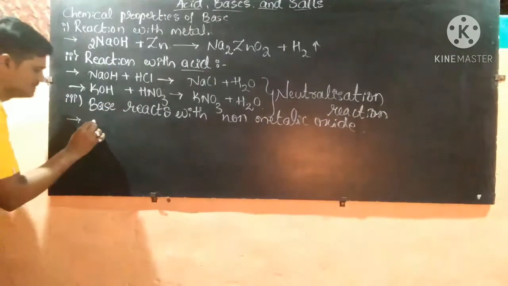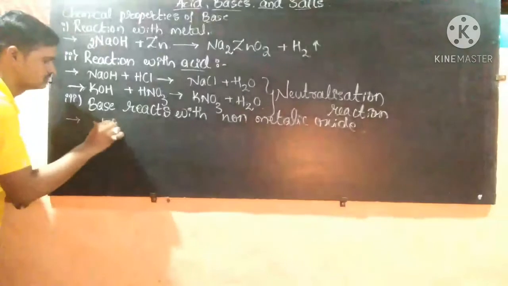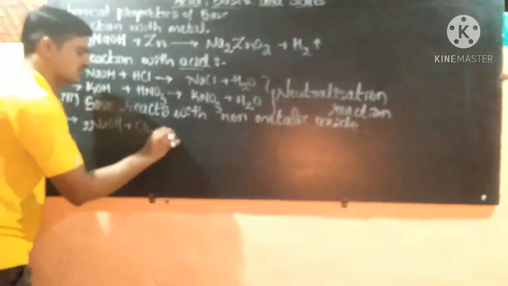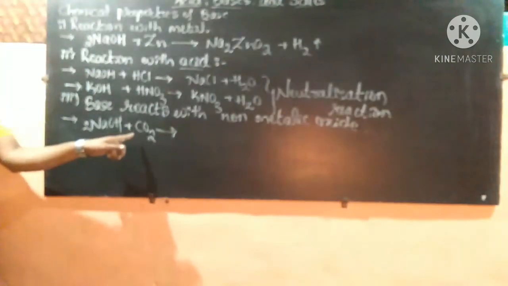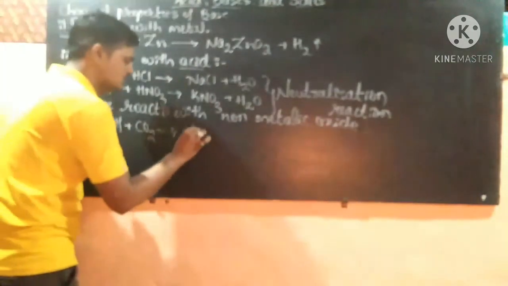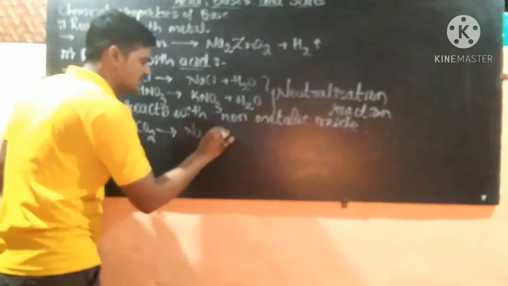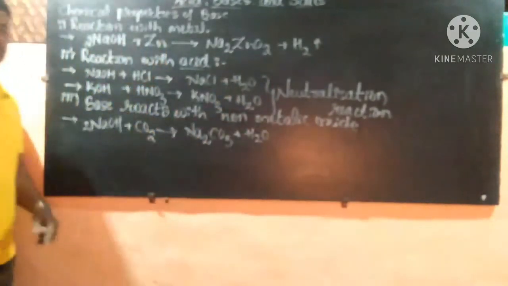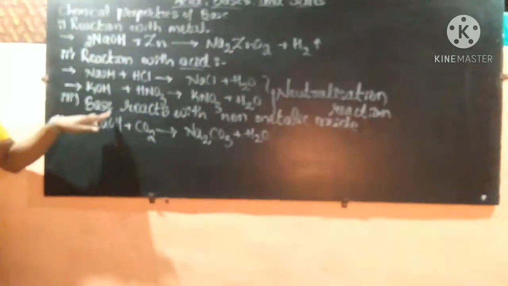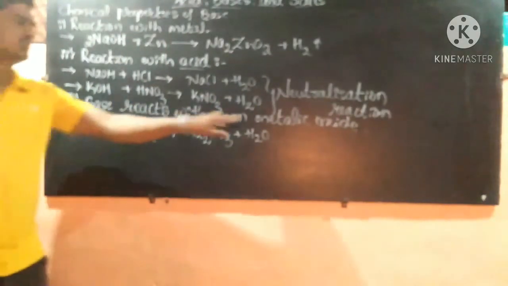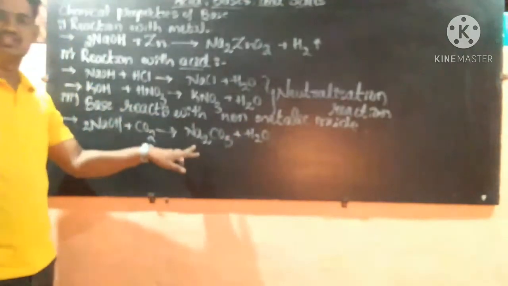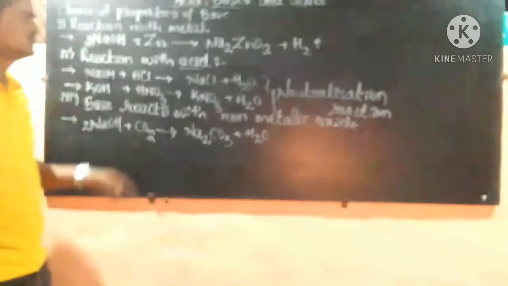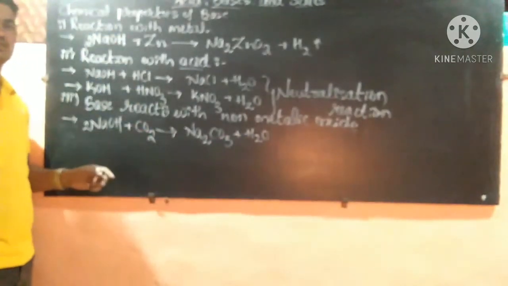We will take the base NaOH plus carbon dioxide, a non-metallic oxide. The product formed is metal carbonate, that is sodium carbonate, plus water is released here. So this is the chemical reaction for the base which reacts with a non-metallic oxide to produce salt, sodium carbonate, and water is released. So these are the chemical properties of base.